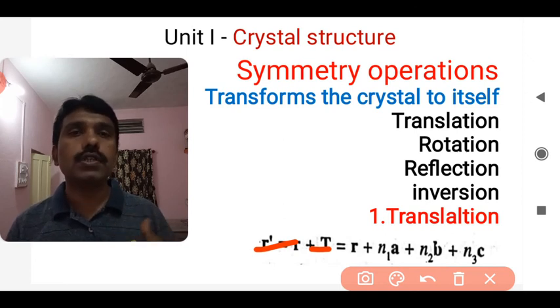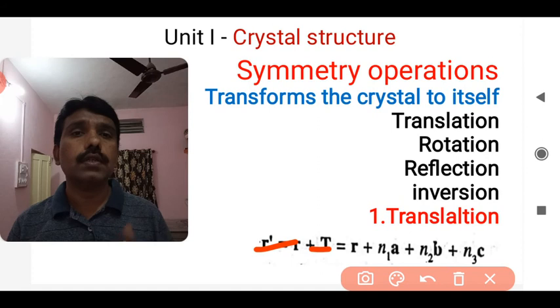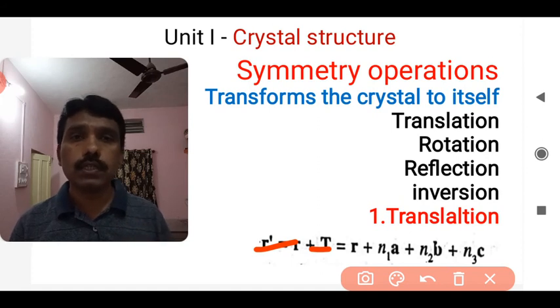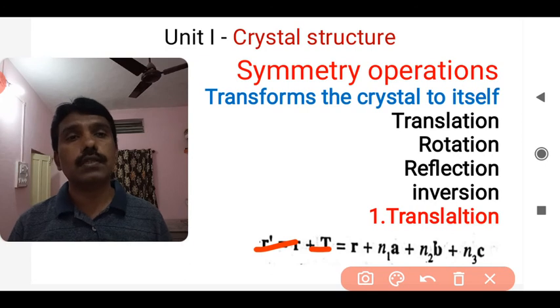If the translation contains integral coefficients, it gives you the primitive translation. If non-integral coefficients are used in the translation vector, then that type of translation is the non-primitive translation.